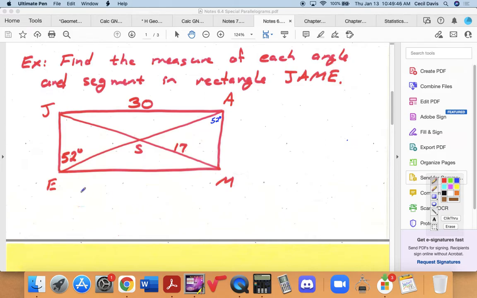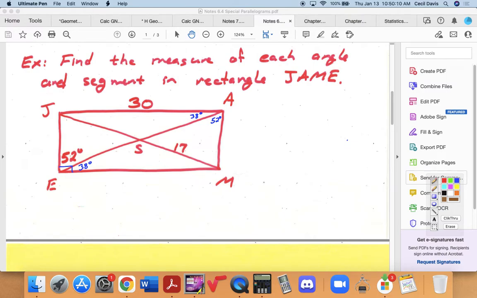AEM. Okay, it's going to be 90 minus 52, which is 38. Good. What else? Yes. You know that JAS is 38 degrees too? Yeah, that makes JAS 38 degrees. Those are alternate interior angles. Yes, sir.